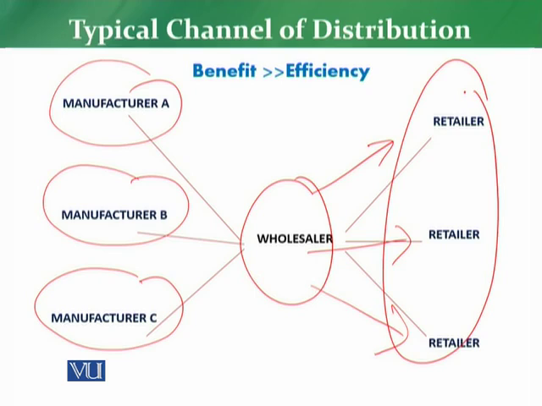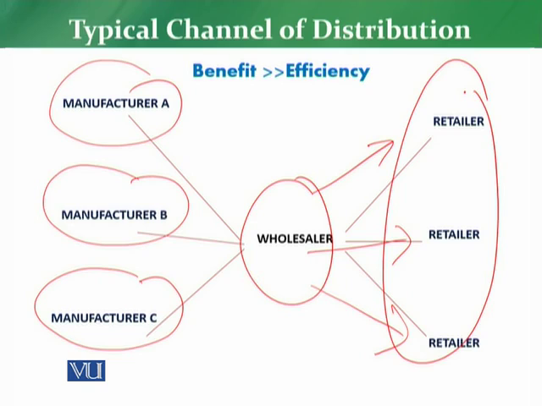The whole benefit in the whole process is efficiency, because it is not possible for all manufacturers to directly reach the consumer. It would not be cost efficient, resource efficient, or energy efficient, not efficient in respect of anything.